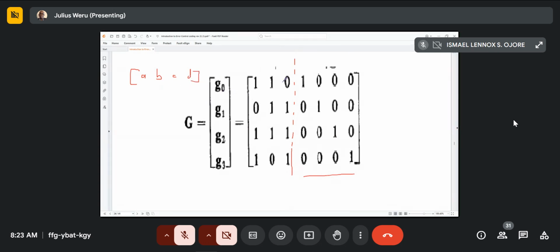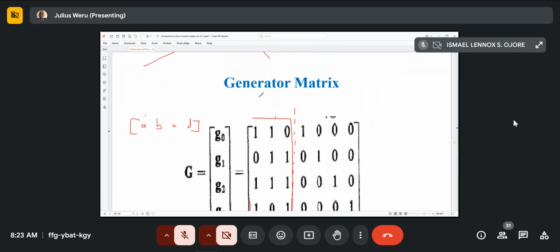Once you multiply this, necessarily, the last part will be this.